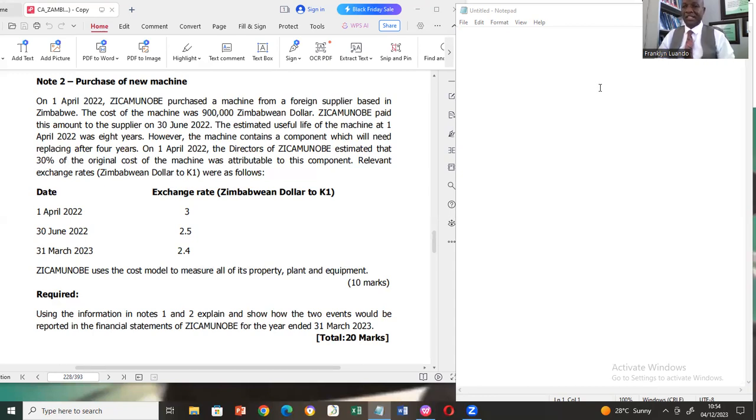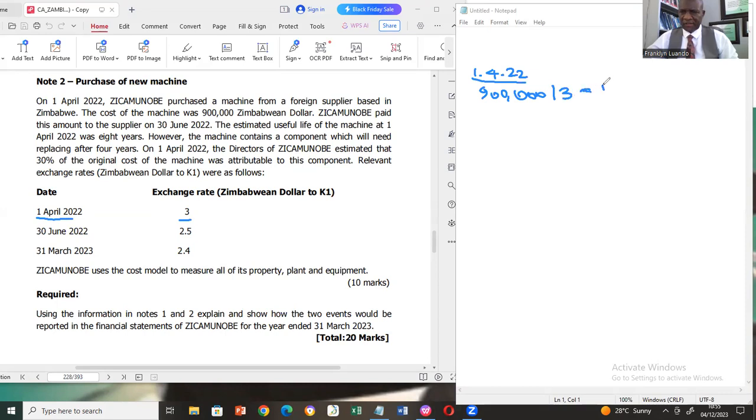So now let's look at the date of transaction, which we are given, that is 1st April 2022. So we are going to translate. We have the 900,000 divided by, on April, the exchange rate of 3.